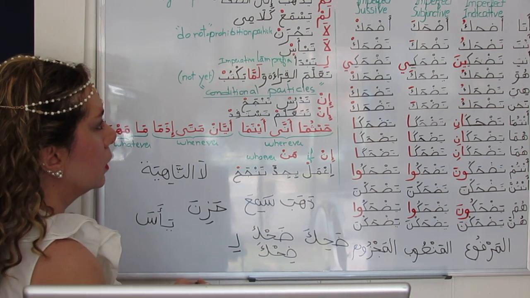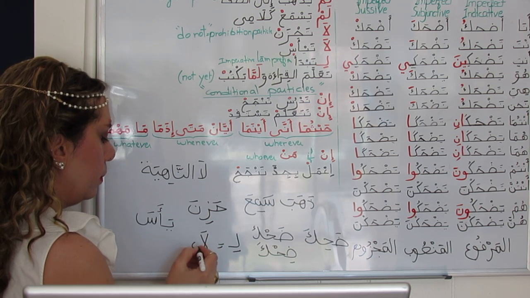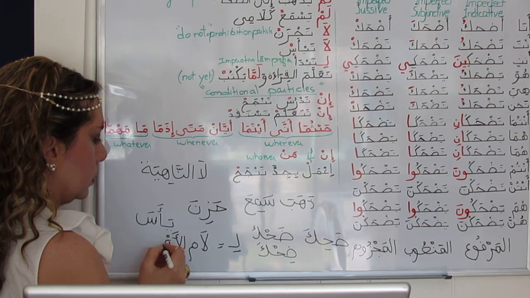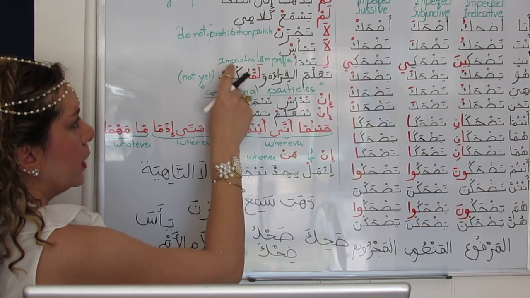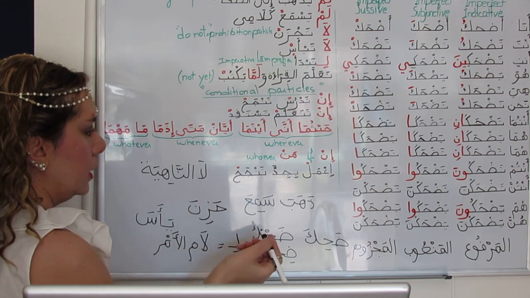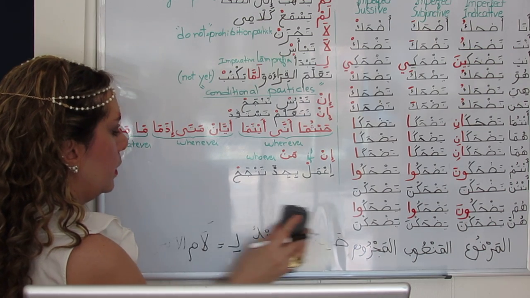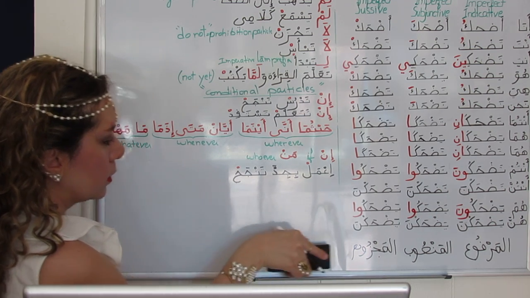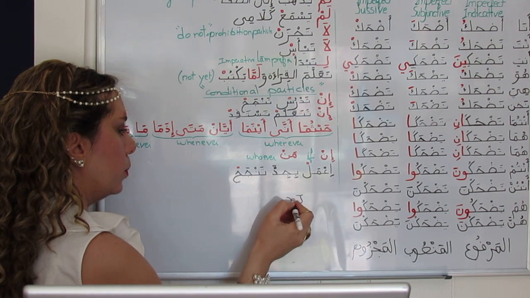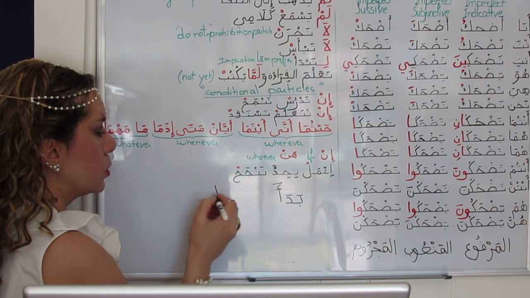It's called lamu al-amr in Arabic. Lam al-amr. It's imperative lam prefix. لنبدأ. So it's from the verb بدأ. It means to start. Hamzated verb because it has hamza. بدأ, it's to start.